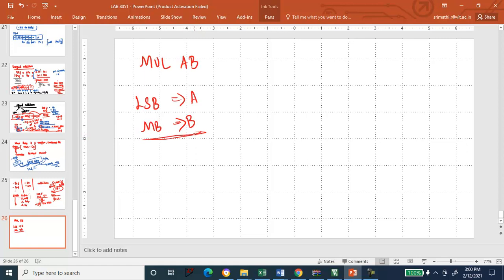That will also be referred by using your overflow flag. When your overflow flag is set to 1, meaning there is an MSB, and it is available in B.